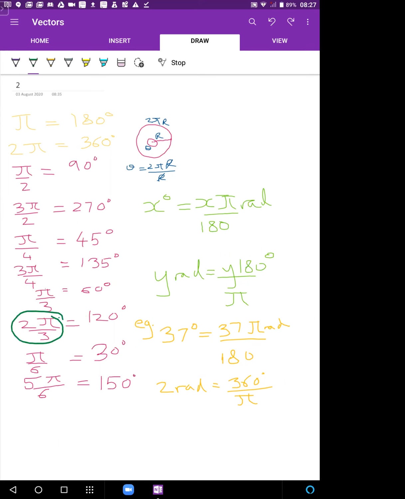On seeing 2 pi by 3 you should remember 120, double of 60. Then divide 60 by 2, so pi by 6 is 30 degrees, and then pi minus this is 180 minus 30, so 150. So what I have written in the left-hand column are things which you should more or less see without any calculation.